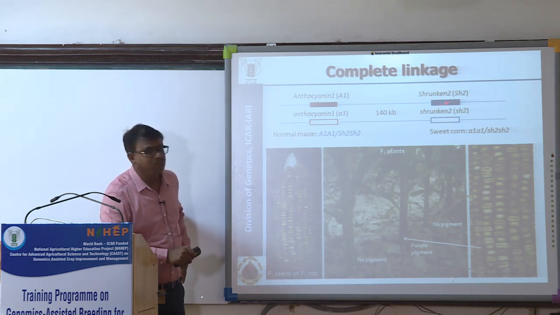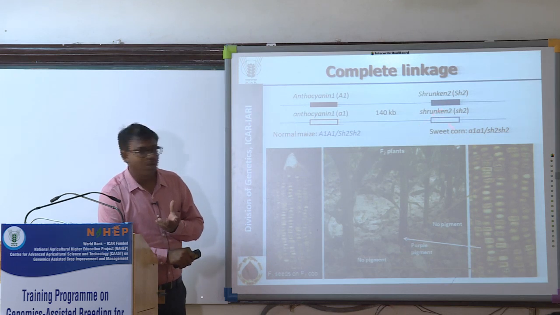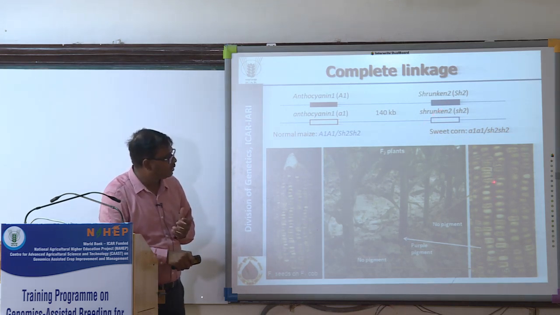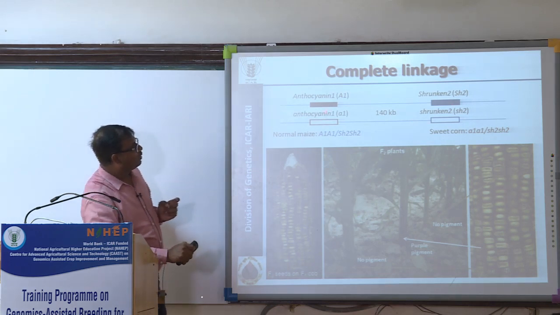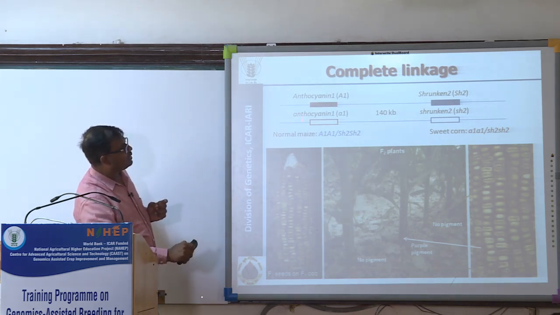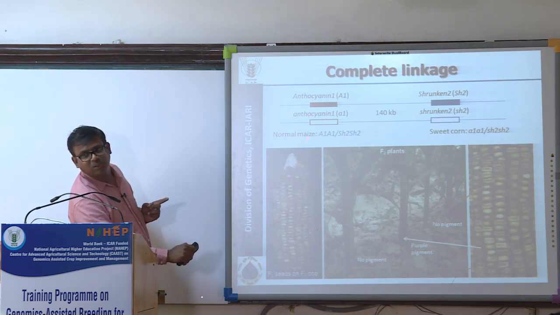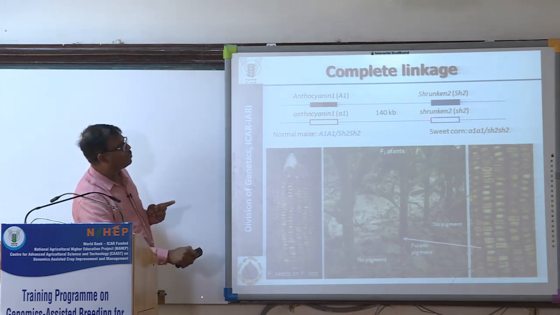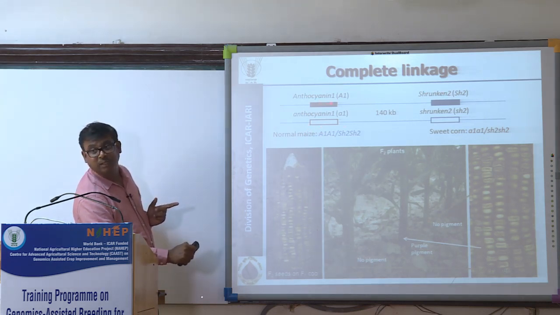When capital SH2 is there, the grain will be round. When small sh2 is there, it will be shrunken, right. Now, with this recessive one, the recessive anthocyanin gene is also there. So, what happens? Whenever small sh2 goes, it will take small a1. Whenever the round one goes, it will take the anthocyanin one, right.